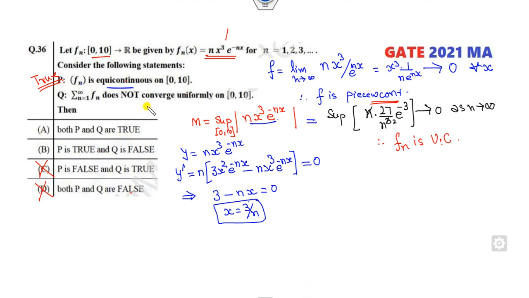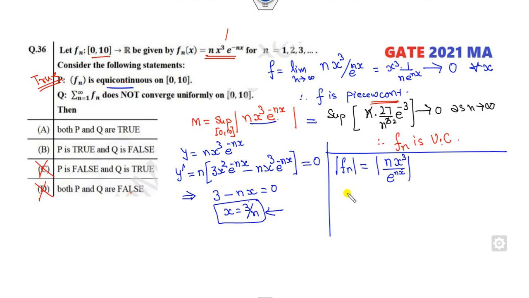Now you have to check whether the series is piecewise continuous or uniformly convergent or not. You can start with the modulus value. It is nx cube over e raised to power nx. Now as I see, the value of x will be 3 by n, I can substitute here. Moreover, how can you see it's convergent? We can apply the ratio test.